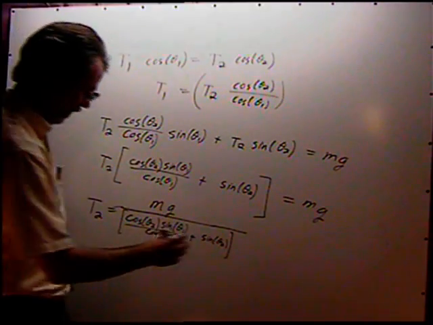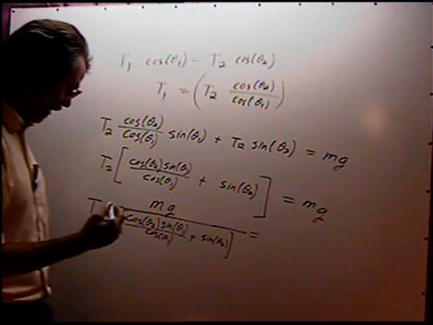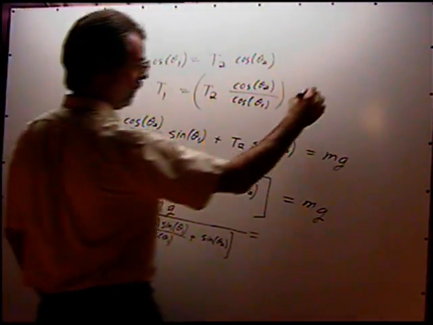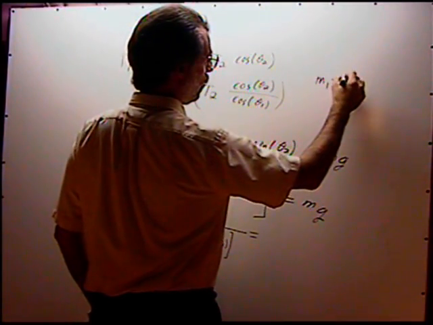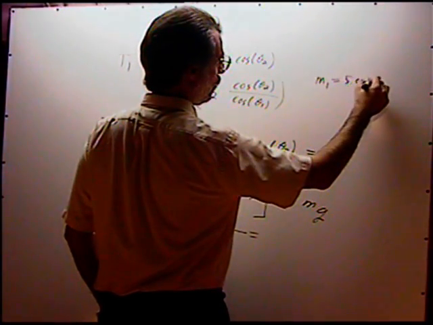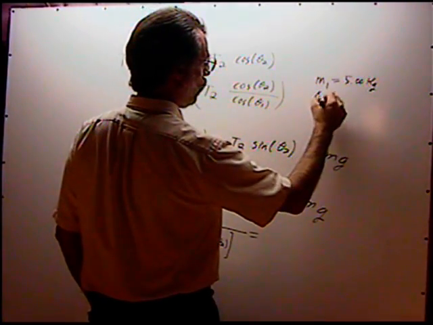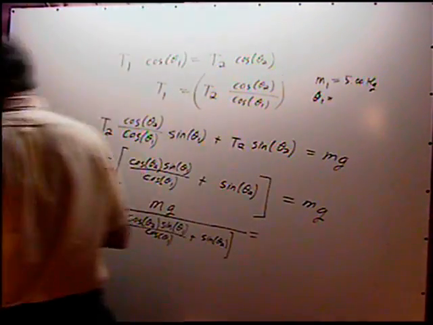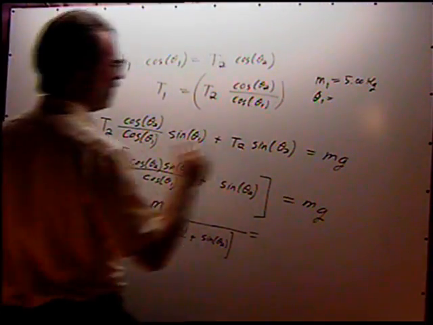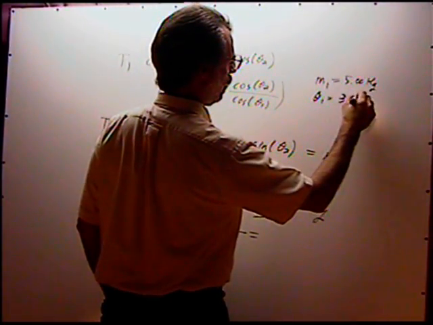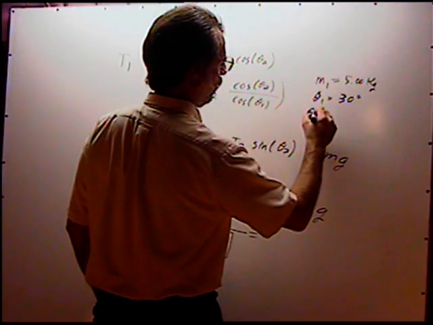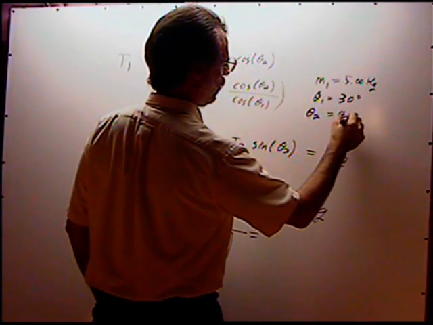Okay, so what would this look like for the actual problem we were doing? Remember, M1 was 5.00 kilograms. If I remember right, theta 1 was 30 degrees, theta 2 equals 40 degrees.